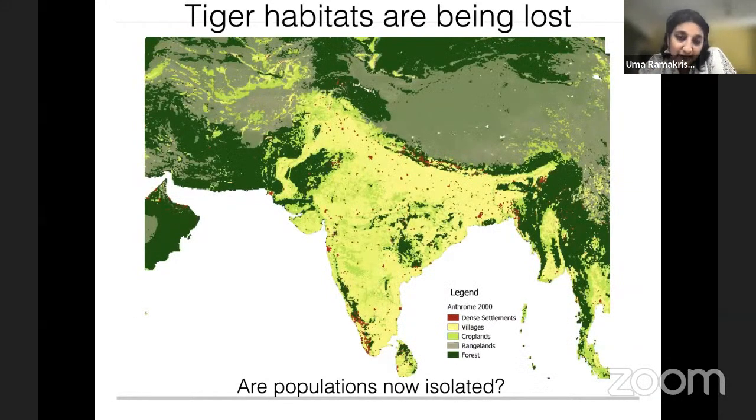So clearly, if tigers were in any way associated with these green patches, you could imagine that their populations would be isolated. So both of these factors, small population size and isolation, which we identified earlier on theoretically as being important in pathways to extinction, are something which we are seeing, Indian tigers kind of move along those directions.